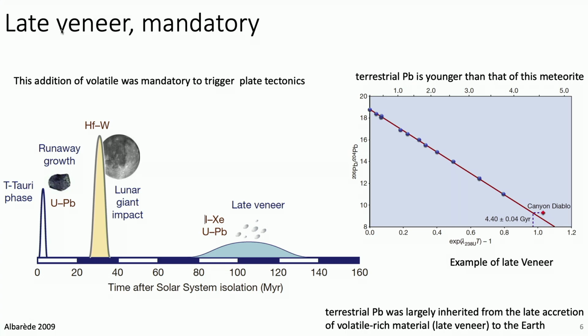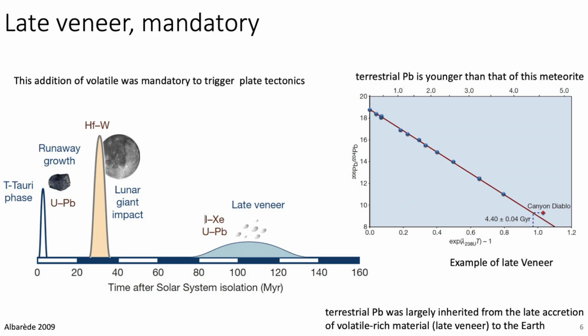And then pretty soon, less than 100 million years after the formation of the solar system, there was the late veneer that brought the volatile elements onto the Earth. Here, that's a graph that shows that those very volatile elements, but some less volatile, were brought a little later than the origin of the Earth.